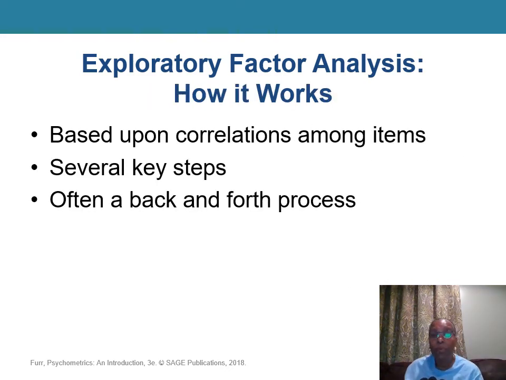So how does it work anyway? As we mentioned, we're looking at correlations. And based on those, there are going to be several steps that we take, which I'm going to talk about in a minute. But it's a back and forth process. You're going to look at a variable. Let's say, for example, we looked at creativity and talking, and we saw that there really wasn't any big significance between the two.